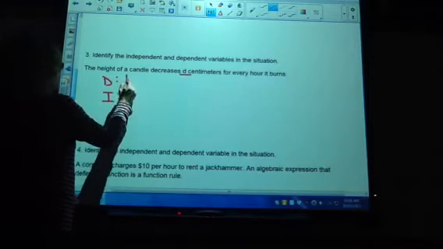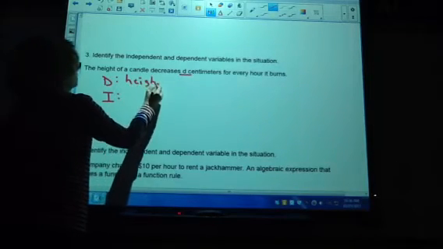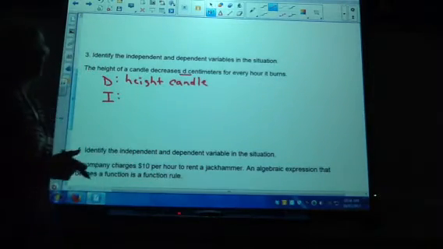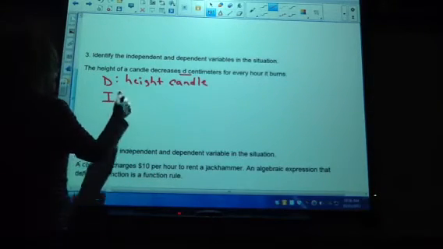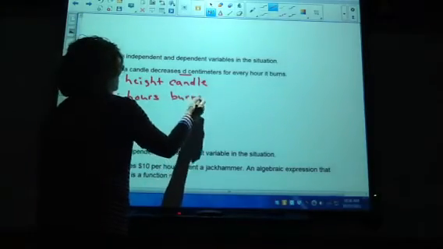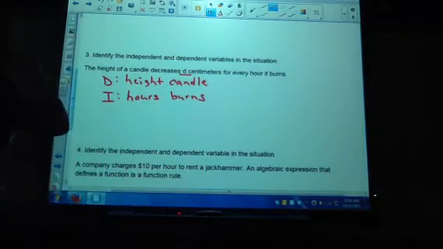Okay, dependent is the height of the candle. The height of the candle depends on how many hours the candle burns. Okay?